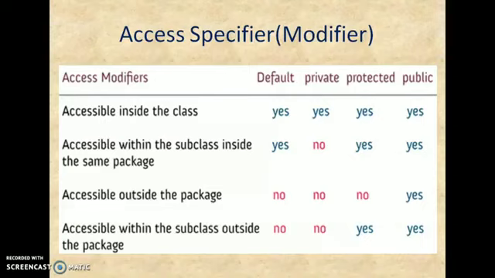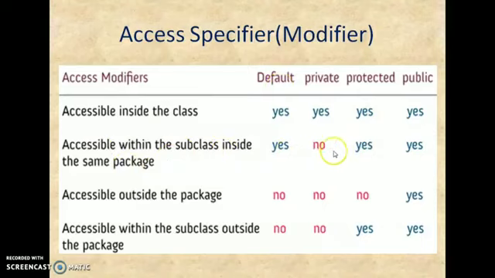So, this is here tabular column for access specifier where we are going to access, whether it is inside or subclass or outside or subclass outside. Okay. So, accessible inside the class. So, we can access all. Then accessible within the subclass inside the same package.